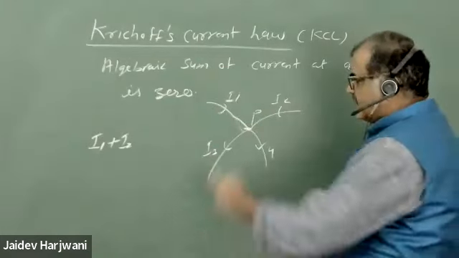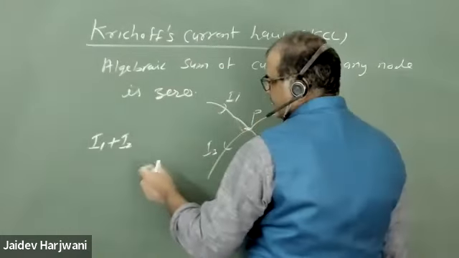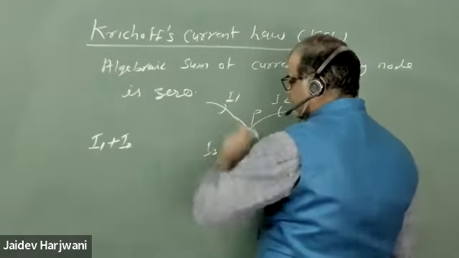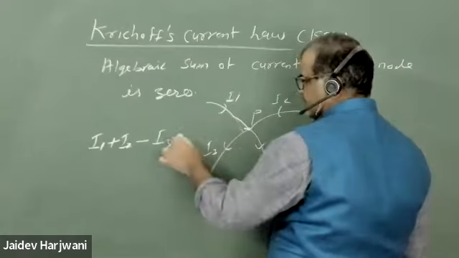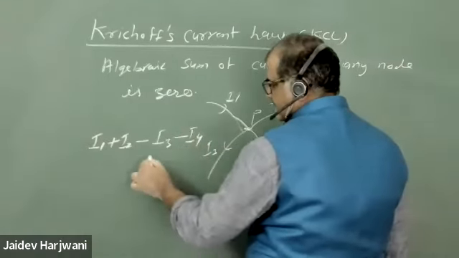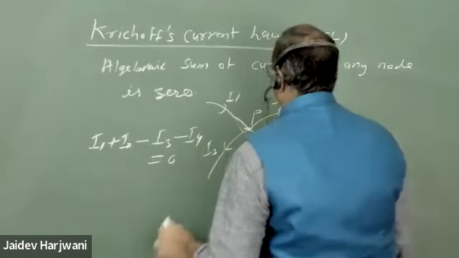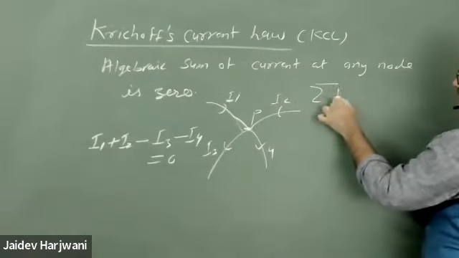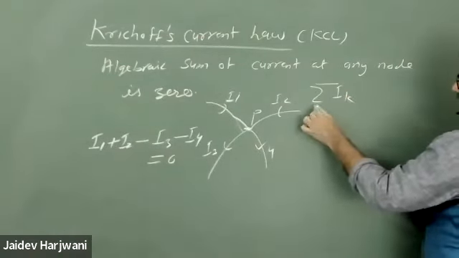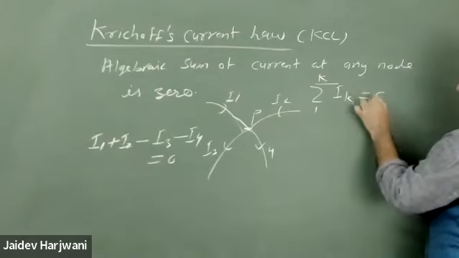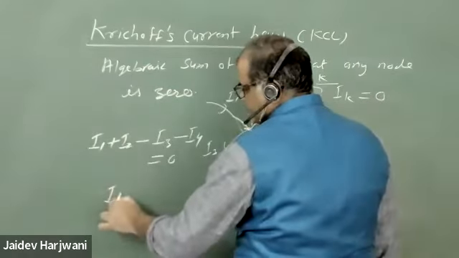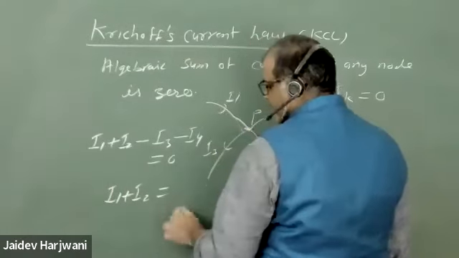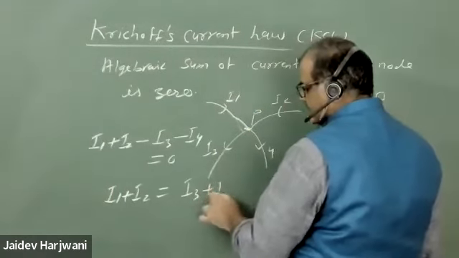For example, if I take I1 and I2 as positive, assuming incoming currents are positive, then outgoing currents will be negative. So these are outgoing currents I3 and I4. Algebraic sum means that for any circuit, if there are k currents coming, the algebraic sum should be 0. That means if I write it another way, I1 plus I2 equals I3 plus I4.